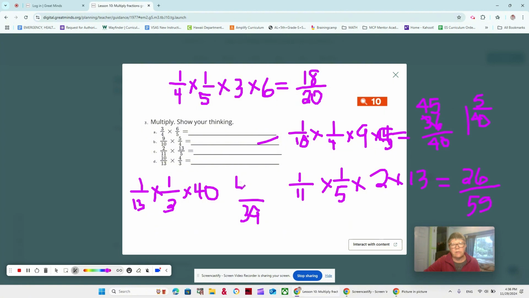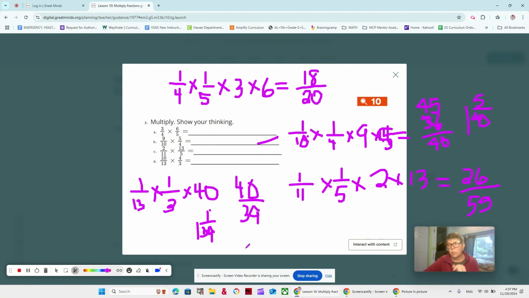And 40. So that's one more, right? That's 1 and 1/39. So think about that one. Here we had 10/13, almost 1, and 4/3, 1 and 1/3. So that's more than 1. And we ended up with just a little over 1.